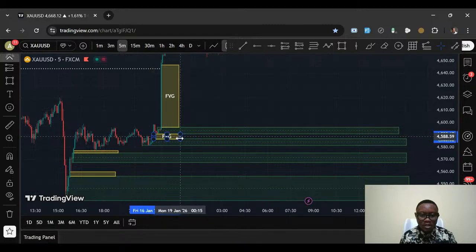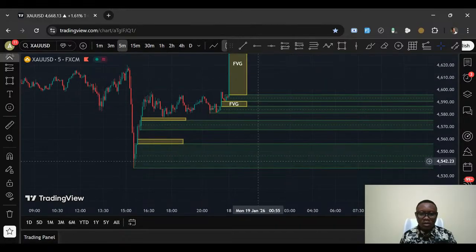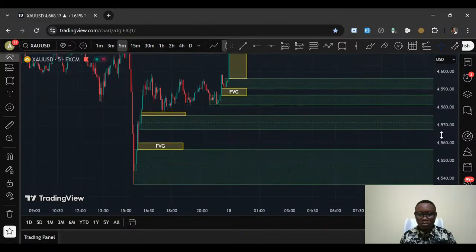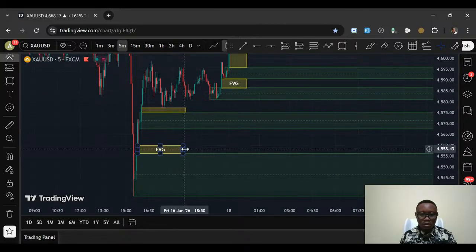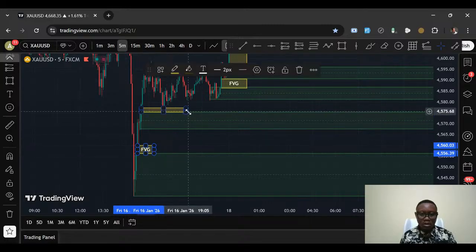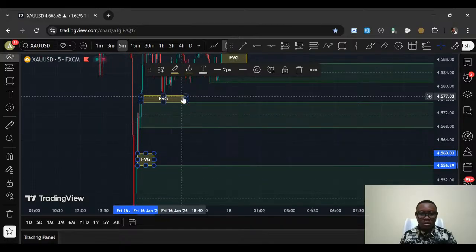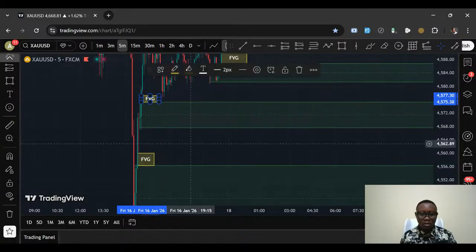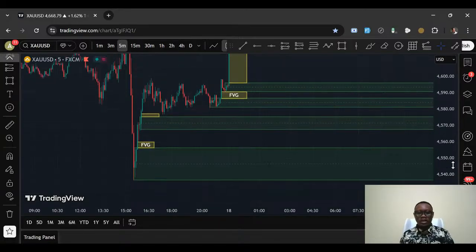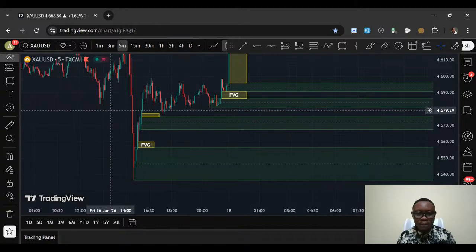So let's minimize this a little, and this as well. This. And this. All right, so these are the zones.